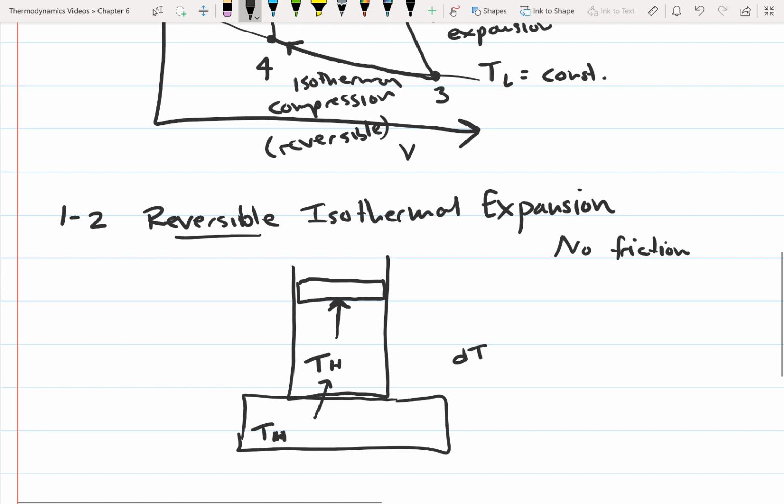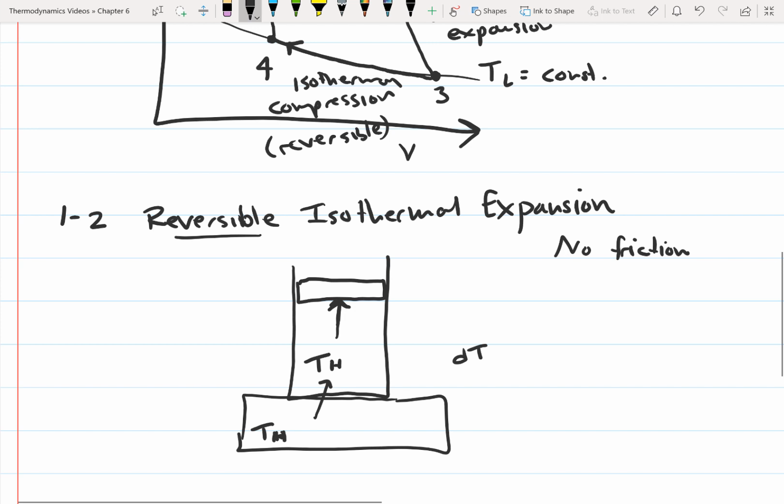So there's such a small temperature difference that it's changing by an infinitesimally small amount. And so the only way that this can happen is if the expansion process is happening in a quasi-static or quasi-equilibrium way.